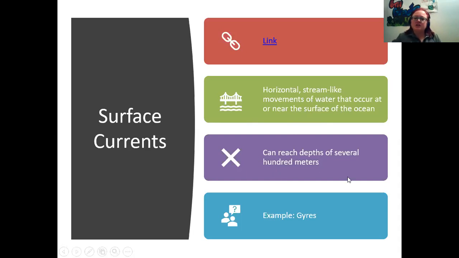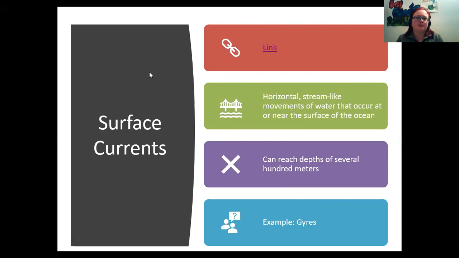They can reach depths of several hundred meters, and examples are gyres. I don't know how to say that word. Just because I'm a teacher doesn't mean I know how to read or sound stuff out. Oh, this is showing us the currents. Okay, so that's from the link.